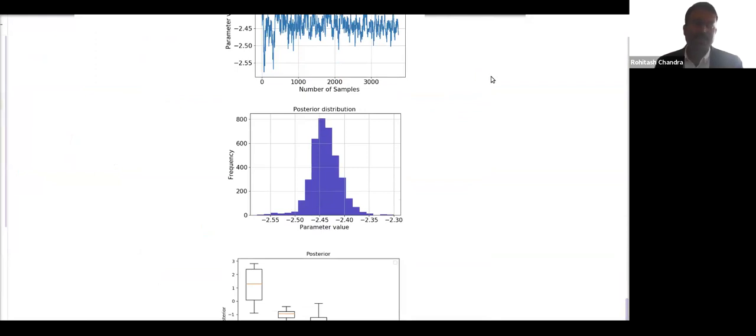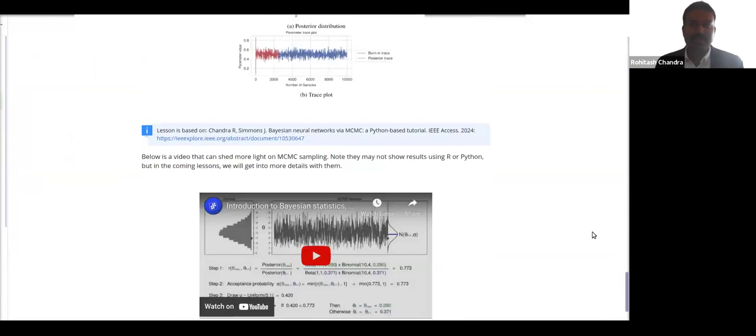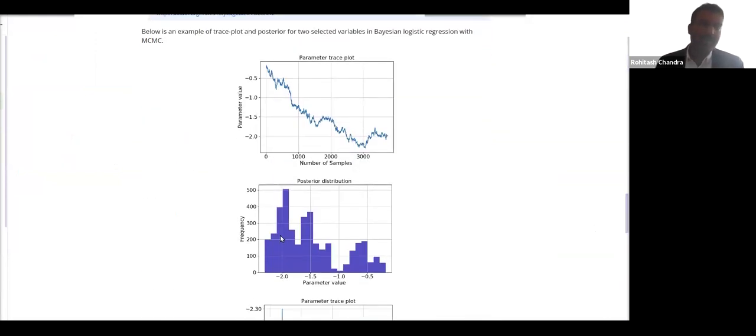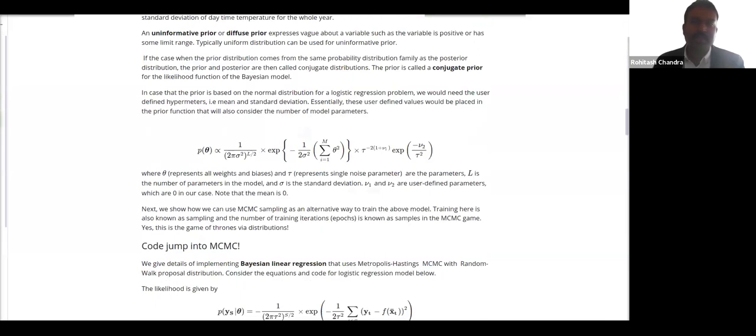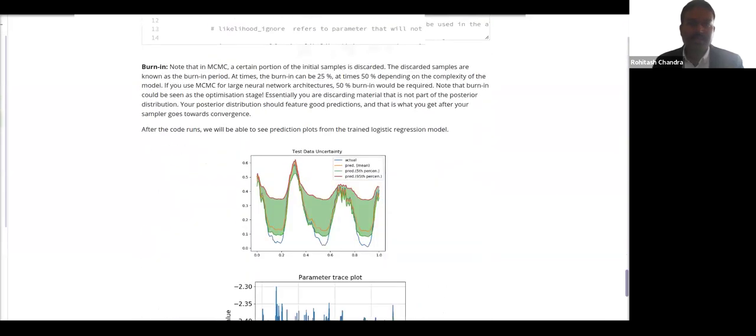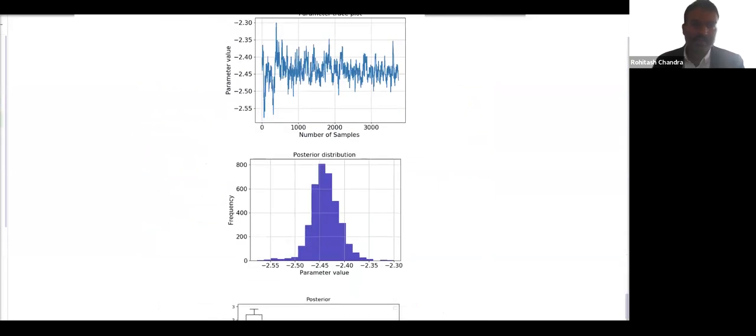But in the previous examples, as I showed here, they are multi-modal posterior distributions. And since there are several modes, the mean does not really represent the mode. So it is usually better to use the mode rather than the mean, because we have a multi-modal posterior distribution.